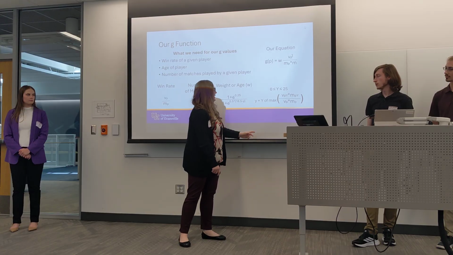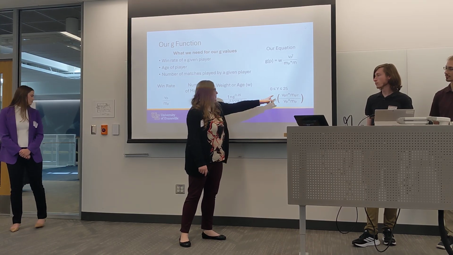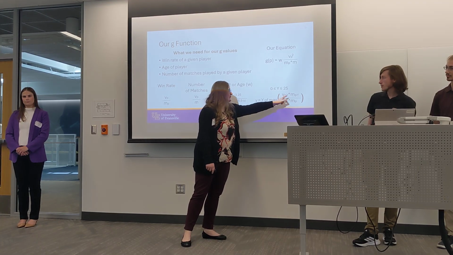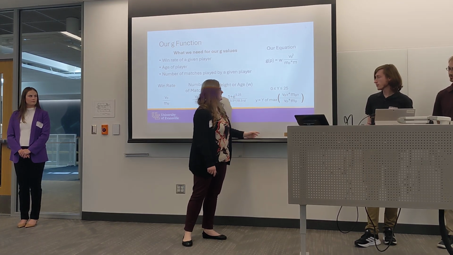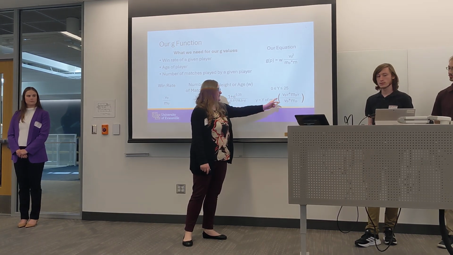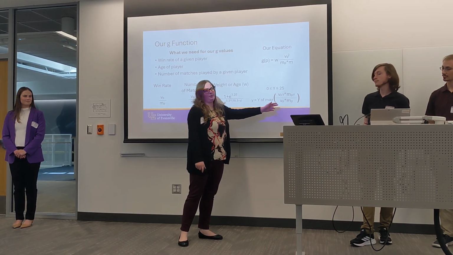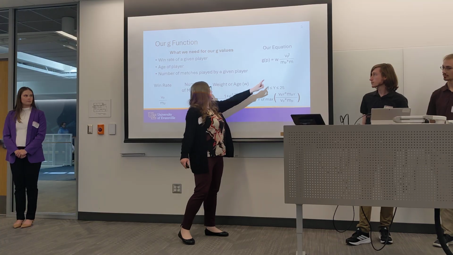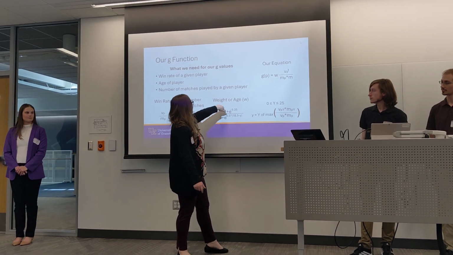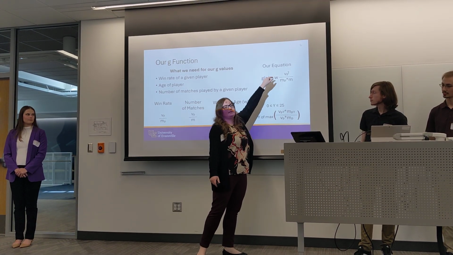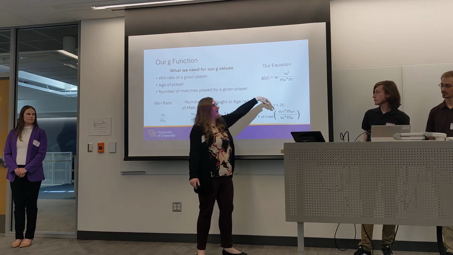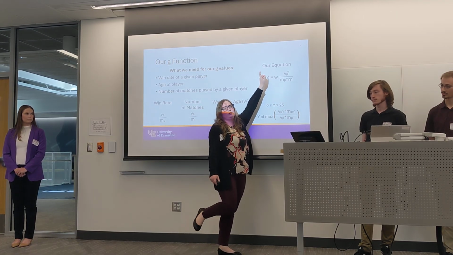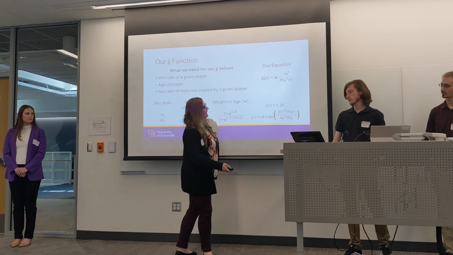And we take the maximum of the wins of that player in that year times the matches of that player in that year, divided by the wins of the player times the matches of the player in total throughout their whole career. And from that we got our G function, which is our weight times the wins of the player squared, divided by the matches of the player times the total matches played.